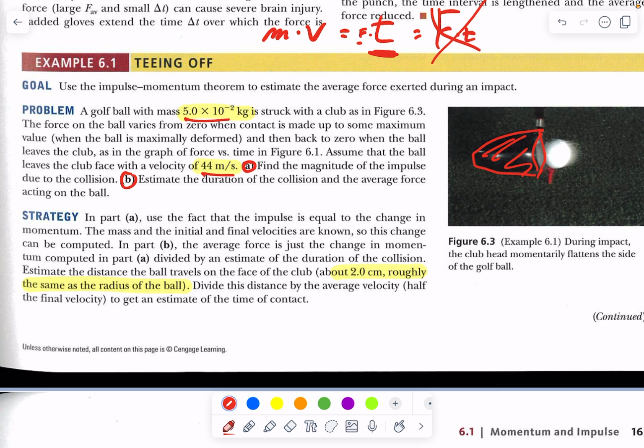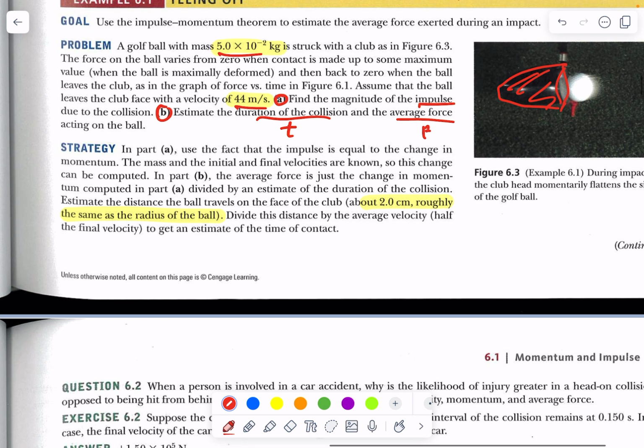And we're supposed to find the magnitude of the impulse in part A, and then estimate the duration of the collision and the average force. That would be the T and the F. We're given one other piece of information, that the golf ball is about 2 centimeters, or at least the distance the ball travels on the face of the club.